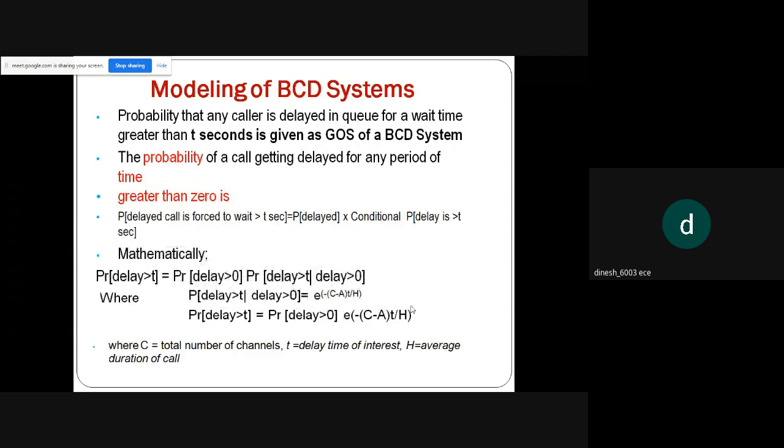The probability of a call getting delayed for any period of time greater than zero becomes your BCD call or Erlang C call. That is the mathematical formula, which we have seen here.